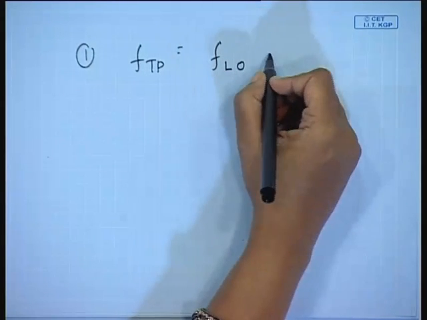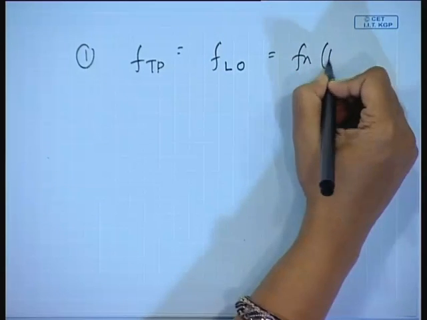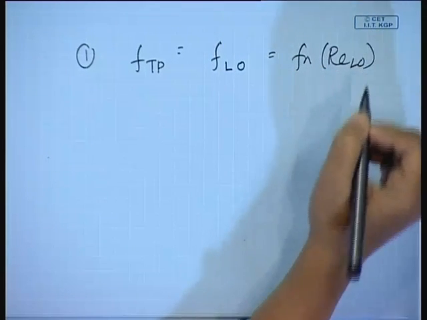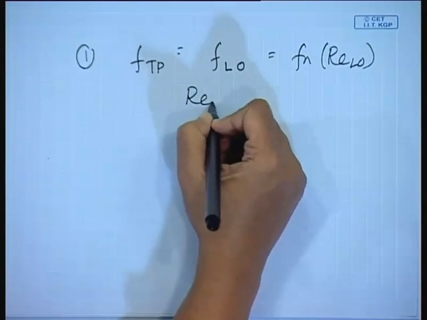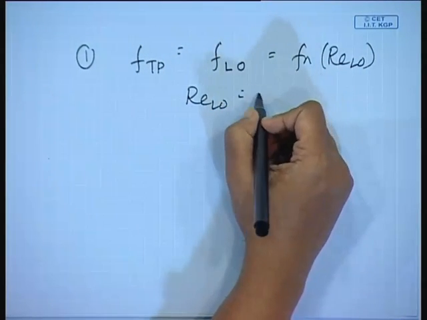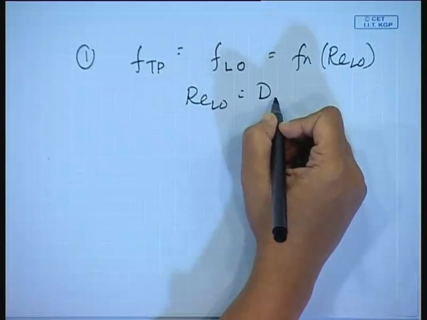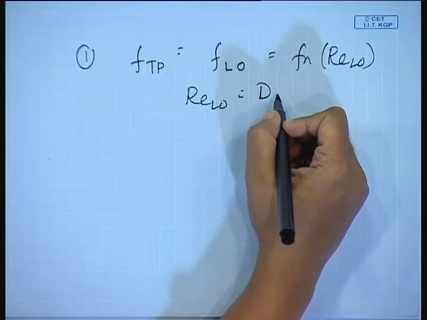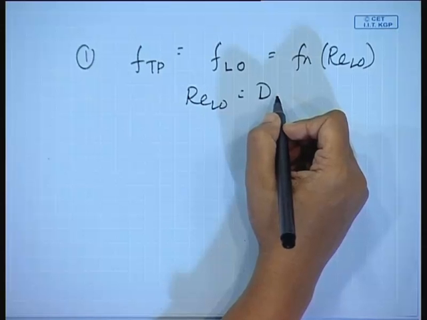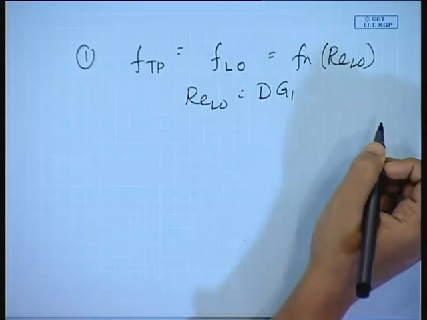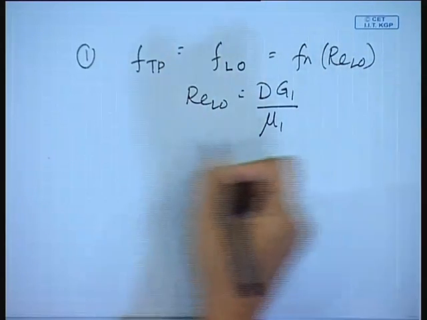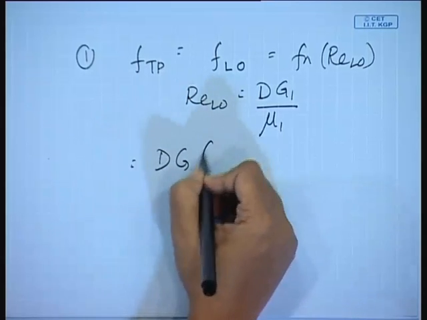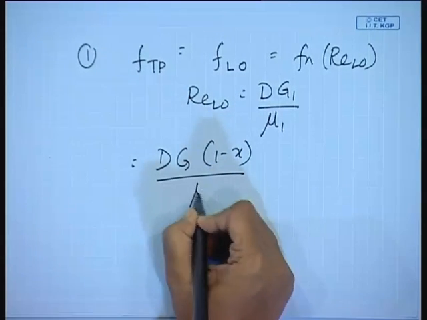So, this FLO, what is it? It is a function of ReLO. Agreed? What is this ReLO? This is nothing but DG1 by mu 1, where G1 is the mass flux of the liquid phase only, or in other words, this is DG into (1 minus x) by mu 1.